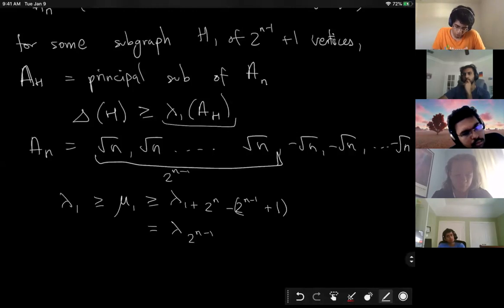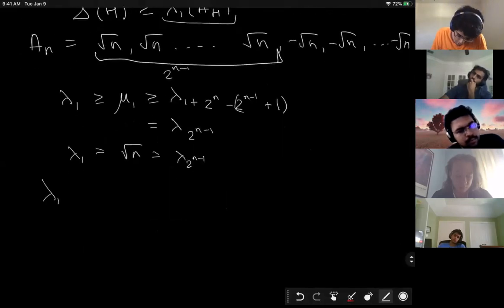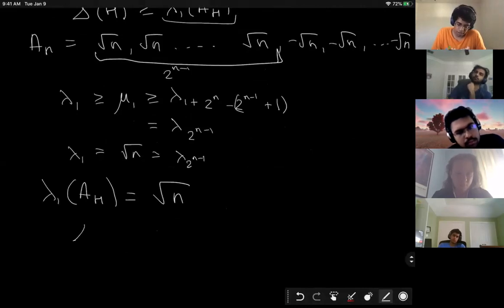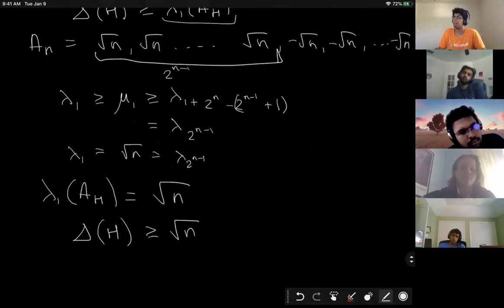And you know that lambda 1 is root n, as is lambda 2 to the n minus 1, which means that the largest eigenvalue of AH is just root n, right? Which gives you what you want. That gives you the max degree is greater than or equal to root n. And you're done.